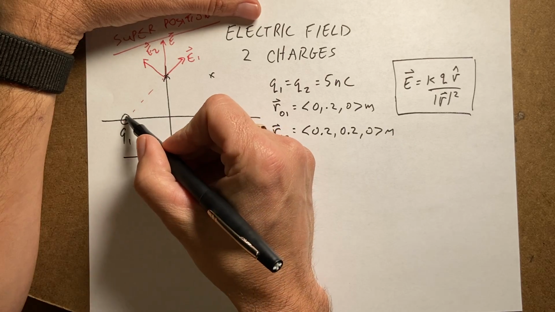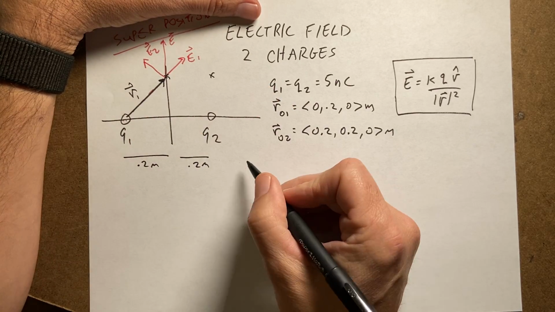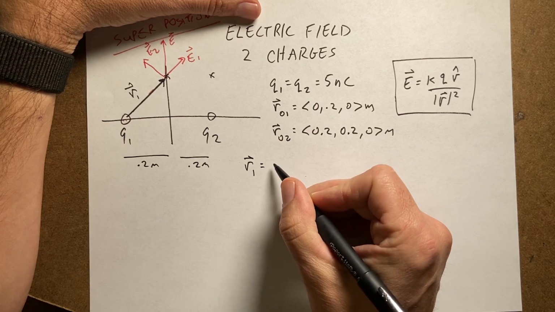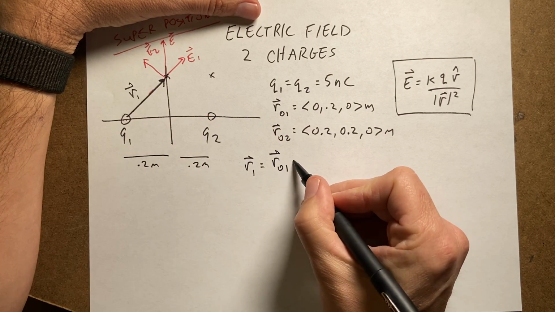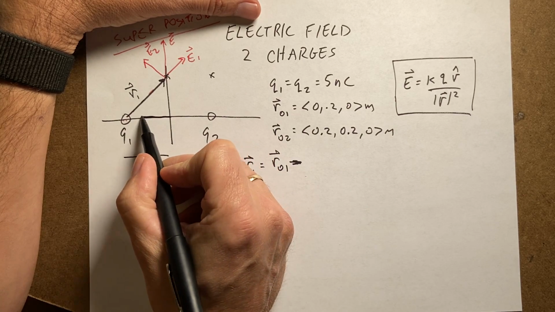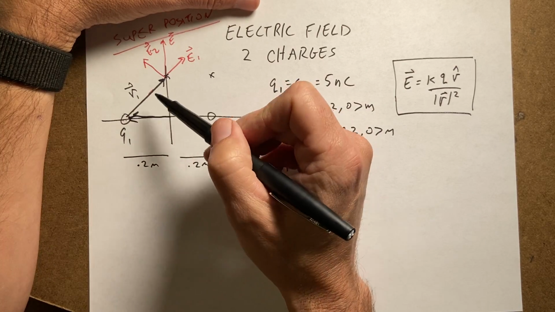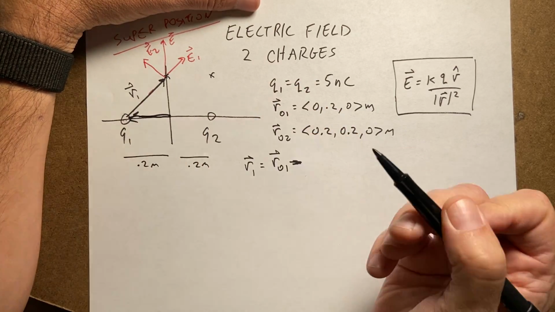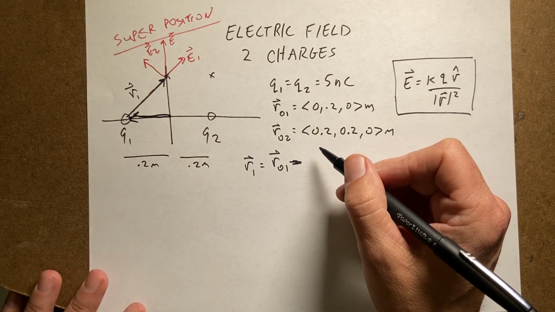So the first thing we need is this. I'll call this just R1. So R1 is going to be equal to the observation location, R01, minus this vector, RQ1. You could just intuitively say what this vector is, but I'm going to do it the long way because in some cases it's not so intuitive.